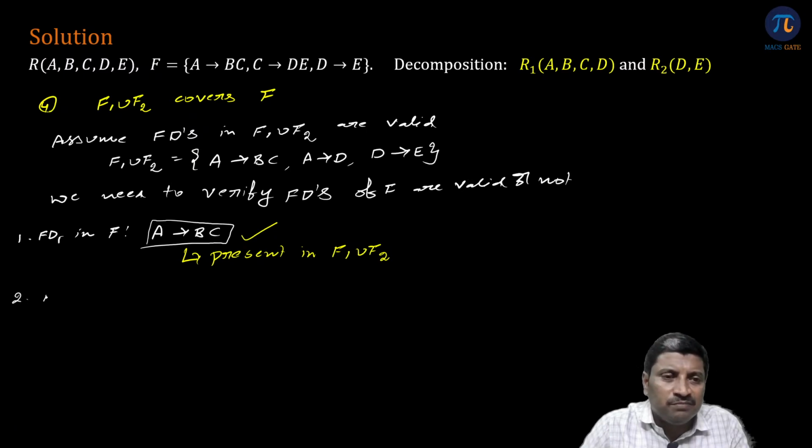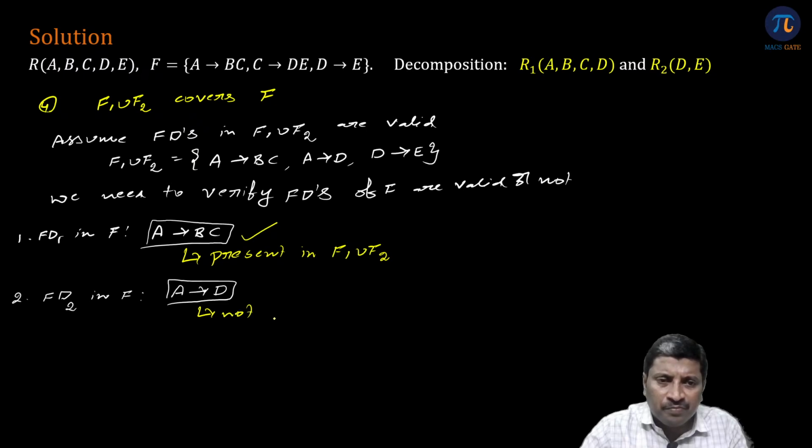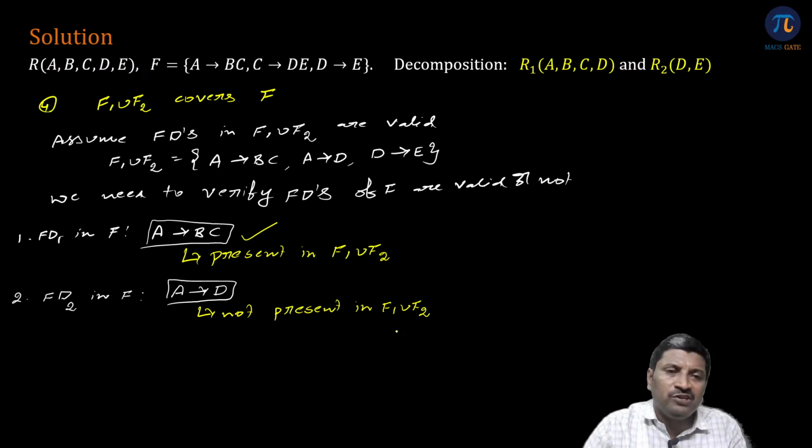Let's go to the second FD. The second FD is A implies D. I think this is not present in the union. Then let us find the procedure: A closure. What is A closure?